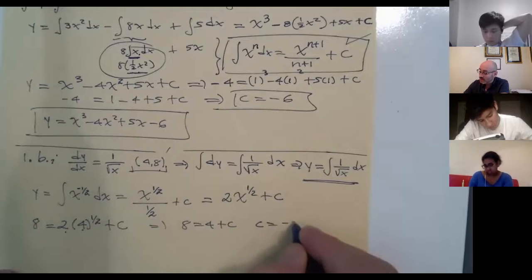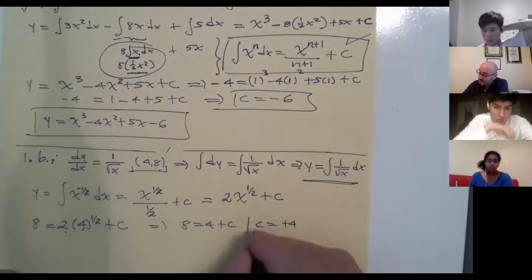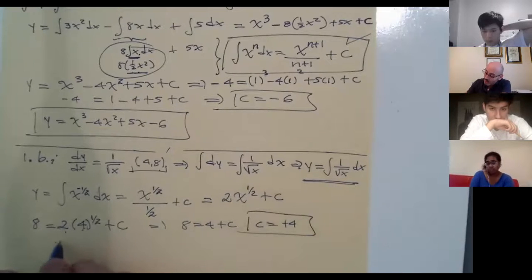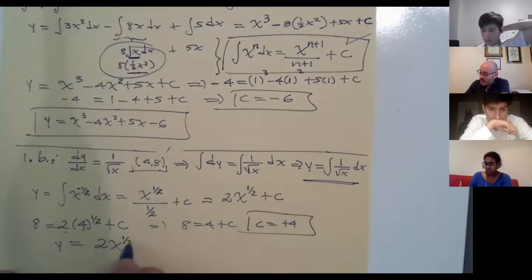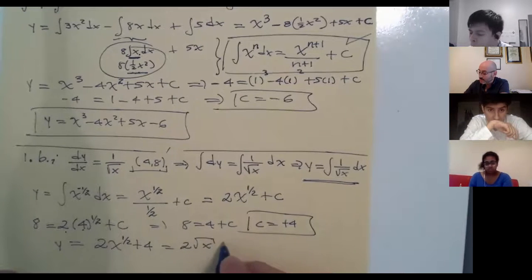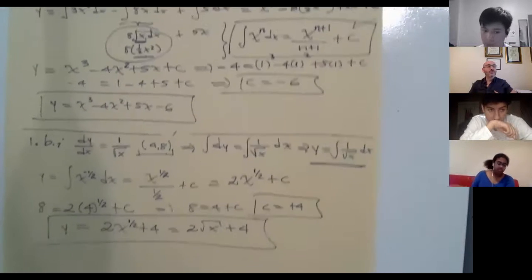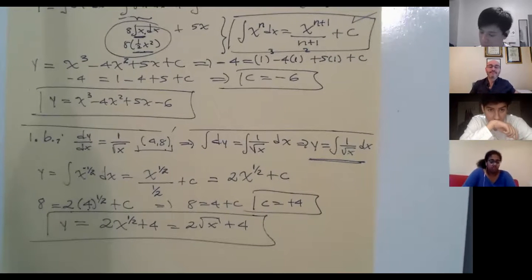Therefore, c equals negative 4. I'm sorry, positive 4. So y is 2x to the 1/2 plus 4, or equivalently 2 square root of x plus 4. Either one of those is fine. Okay? Questions?